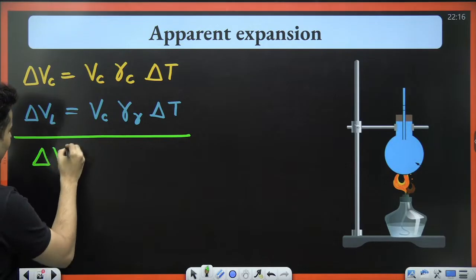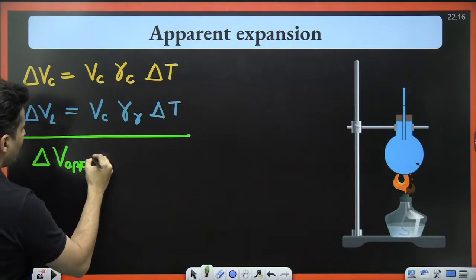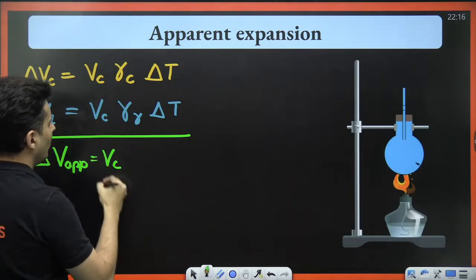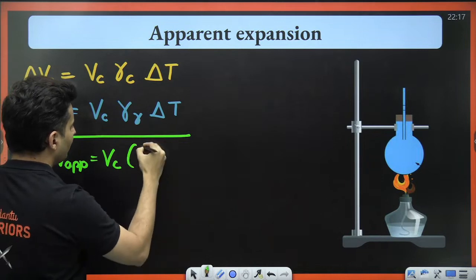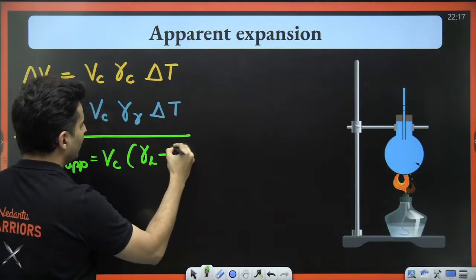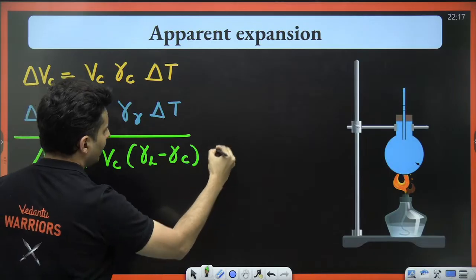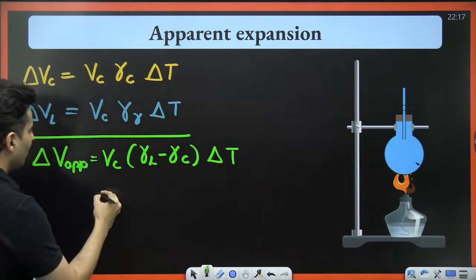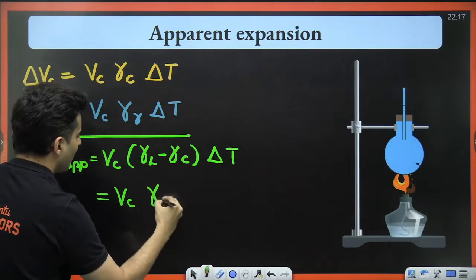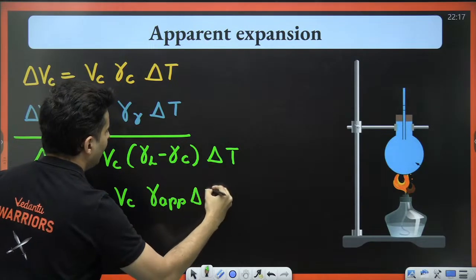This is delta V apparent, which will be Vc is common, times gamma of that liquid minus gamma of the container into delta T, which you can also write as gamma apparent delta T.